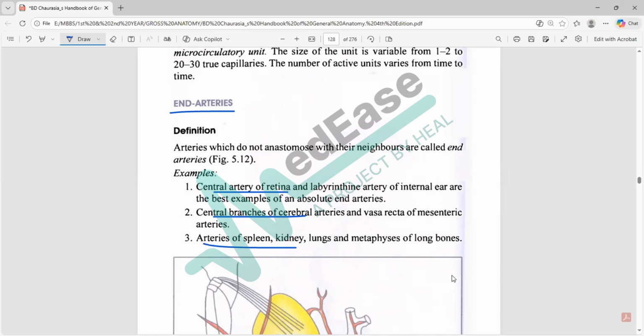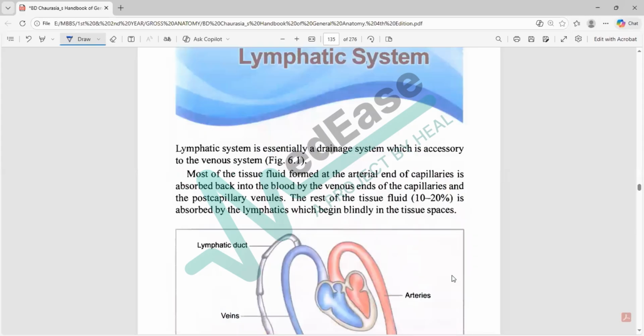Now, we move to topic number 6, which is the lymphatic system. The lymphatic system contains minute lymphatic vessels which carry the special tissue fluid called lymph away from the tissues towards the veins mainly.